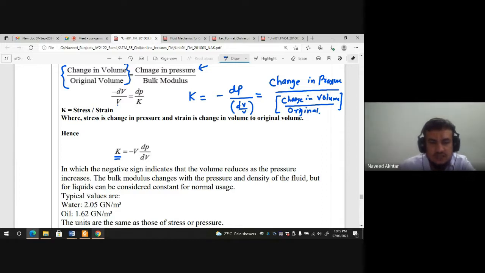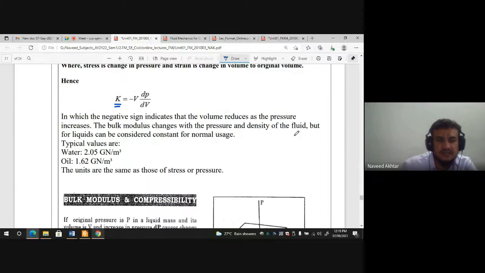The bulk modulus changes with the pressure and density of the fluid. What does the bulk modulus change with? It is with the pressure and density of fluid, but for liquid it can be considered constant for normal use.